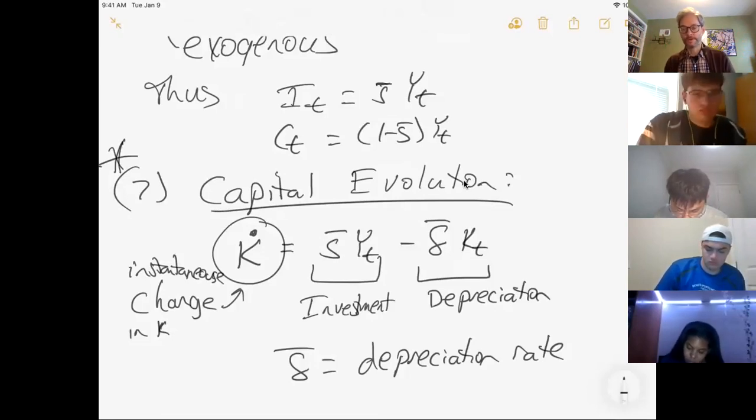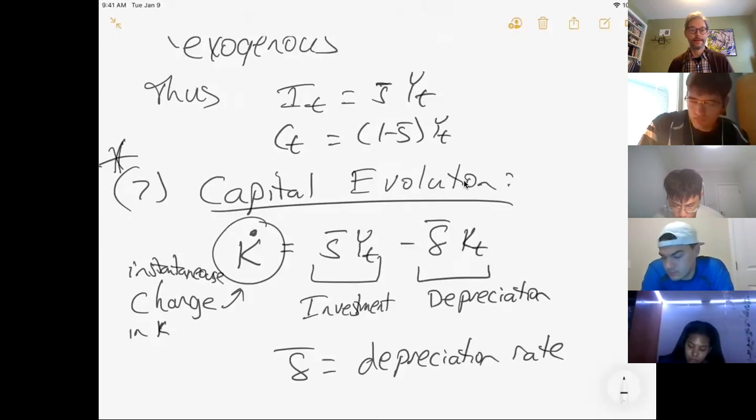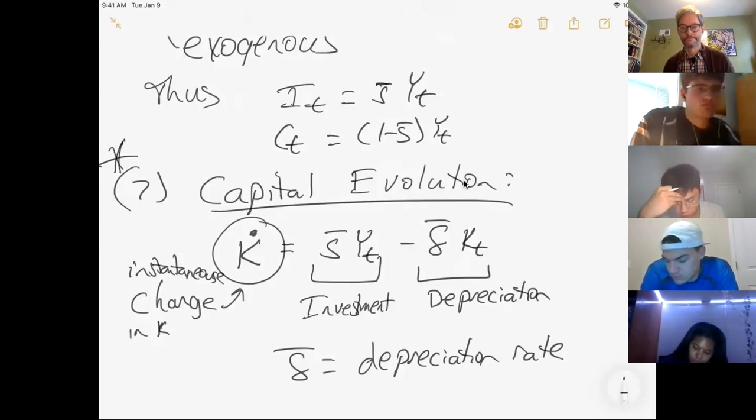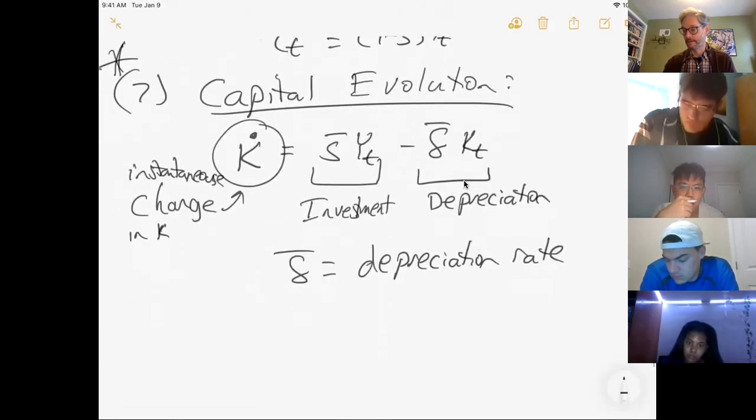What determines that depreciation rate? Well, we're not saying. We're just saying that a certain amount of depreciation is, for instance, 0.1, 10% of your capital wears out every period, right? And so that's the change in capital. As we're going to see, this equation here is very simple, but it does a lot of work in our model.